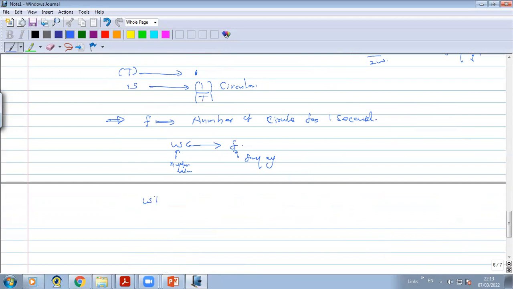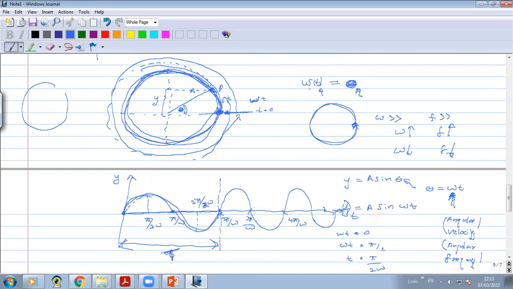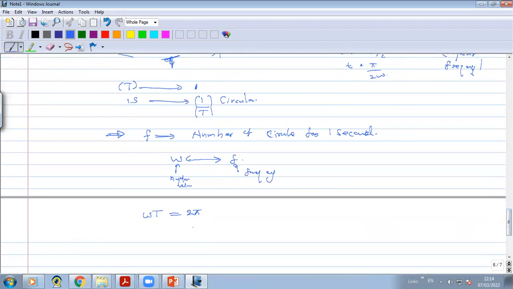In time T, omega T means it completes 1 circle, that means it completes 2pi radians. So at capital T, this point P is traveling from here to here, 2pi radians, 1 circle. So omega T is equal to 2pi.